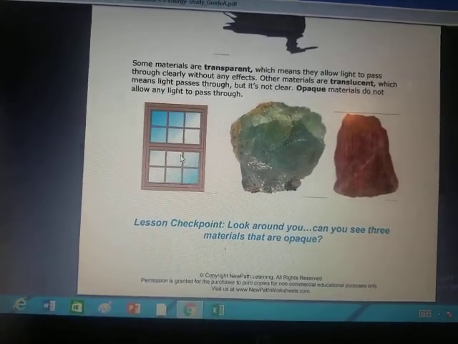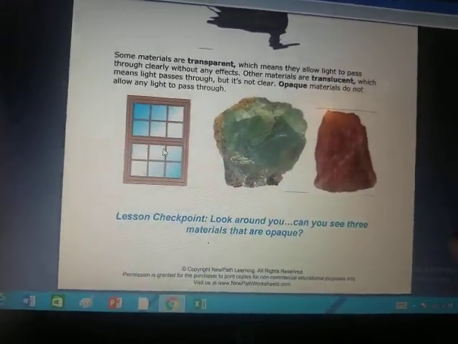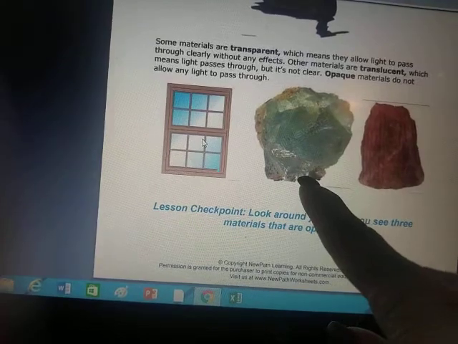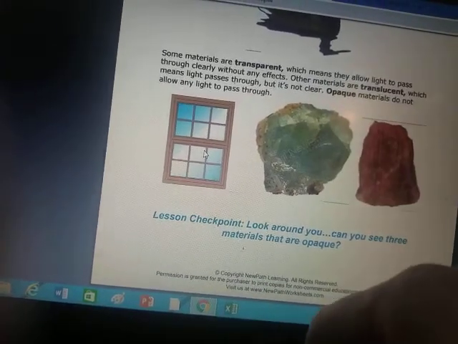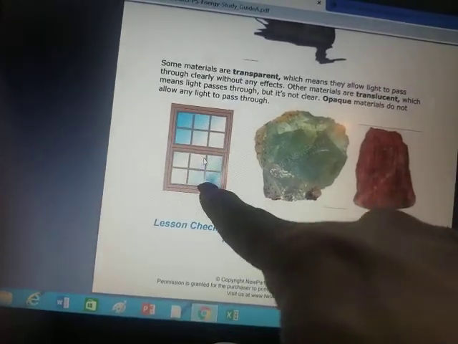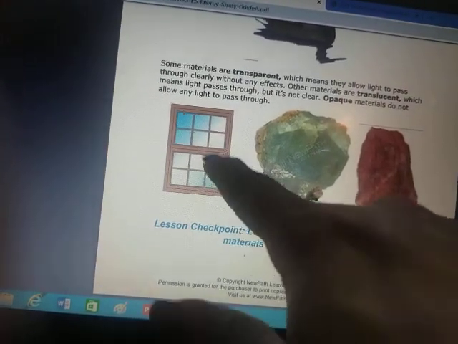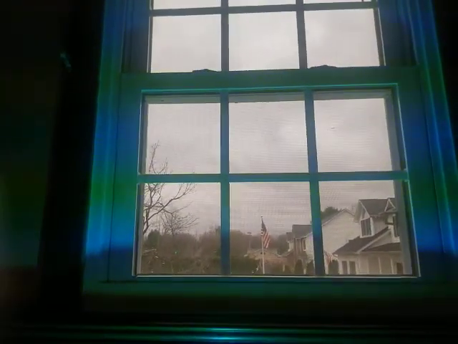So it's solid, meaning no light can go through it. So for example, a rock is opaque. You can't shine a light through it. It's too solid. Okay? However, this is translucent, which means light can go through that, obviously, because look, I have a window right in front of me.